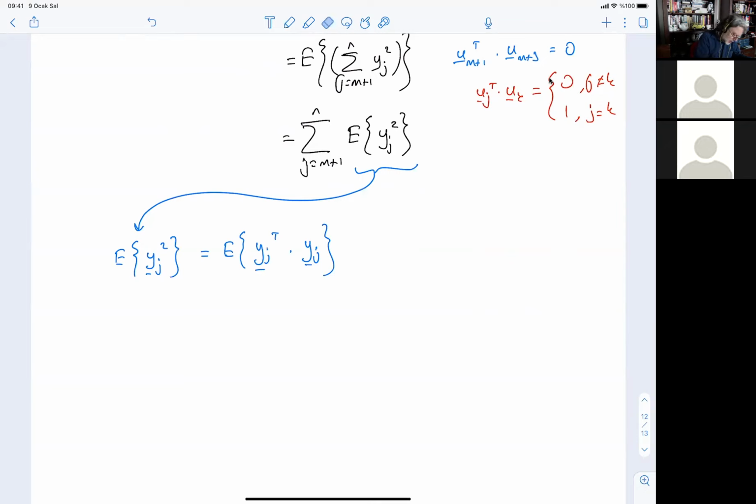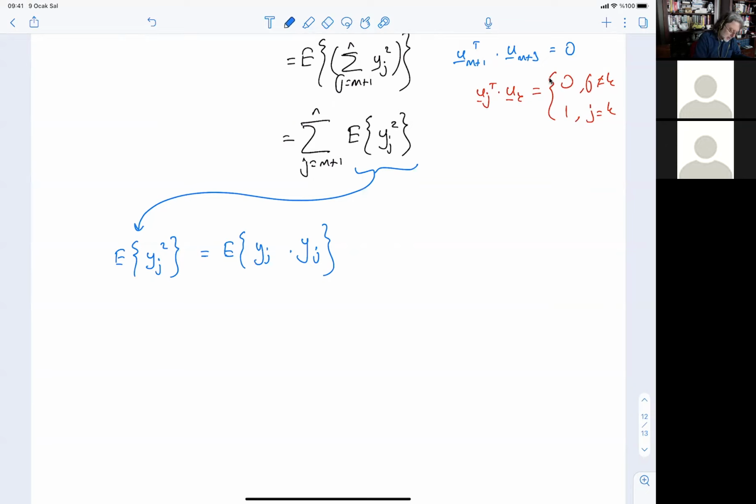Excuse me, we don't have these underscore bars. These are not vectors. But I'm still writing it in the form of a transposition because it is actually y_j times y_j. Don't get confused with this transposition. Or if you're not comfortable with it, you can perfectly eliminate it. y_j times y_j.